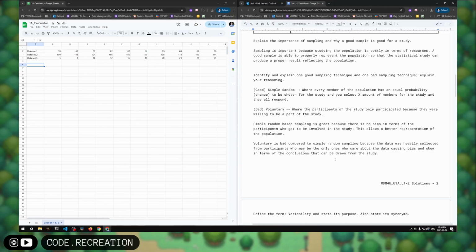For example, if you're doing a study on the importance of environment and climate change, and the people that are truly passionate about climate change, environmental impacts and sustainability are the only ones who participated, your study might look like, oh, our entire population is really dedicated to environmental causes and they see a threat of climate change.